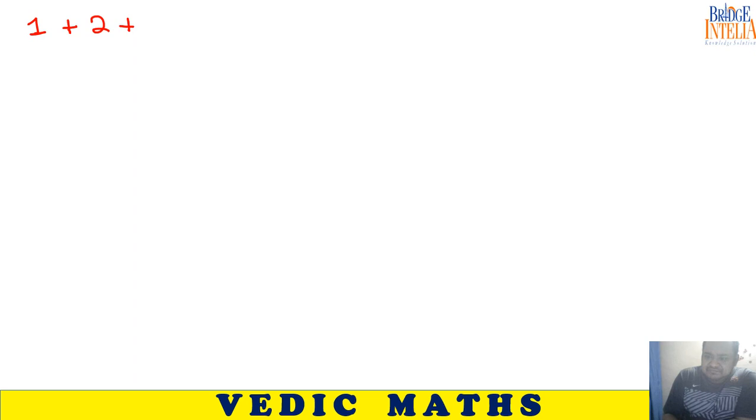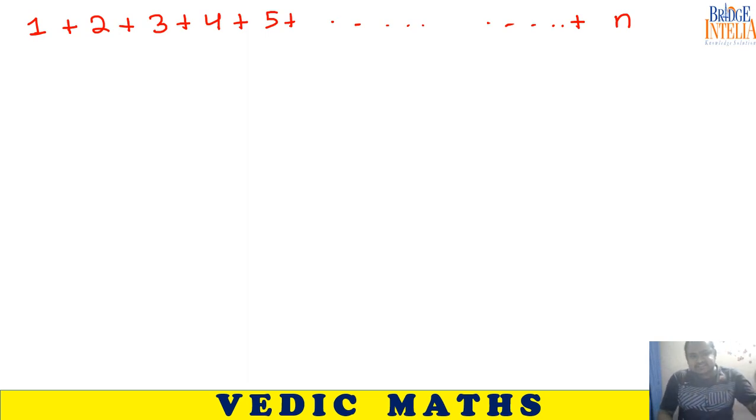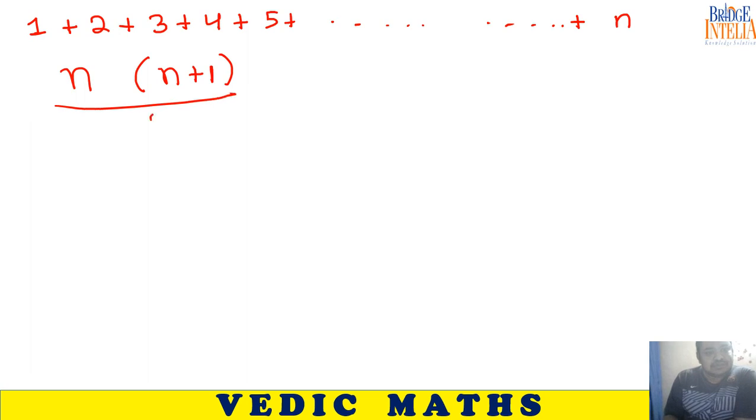If this child had done his job correctly, that means if he had not forgotten any number and had added all the numbers starting from 1, then the correct answer he would have got is n into n plus 1 by 2. This is the correct answer that he should have got.